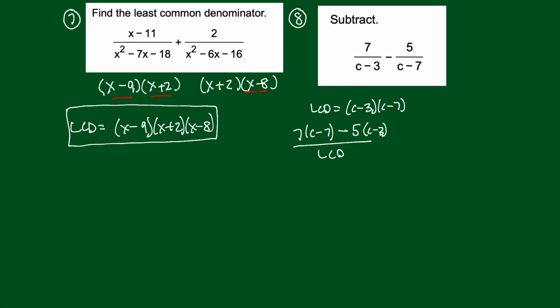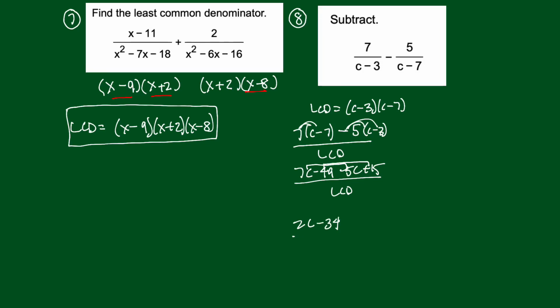Okay, there we go. Now we just need to simplify it out. So distribute. I'll get 7c minus 49, and then minus 5c plus 15 all over the LCD. Now, 7c minus 5c is 2c. Negative 49 plus 15 is minus 34.